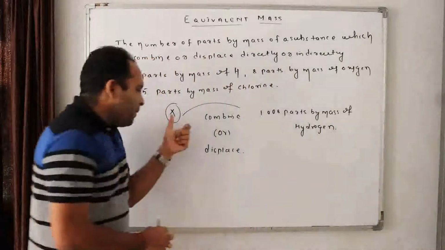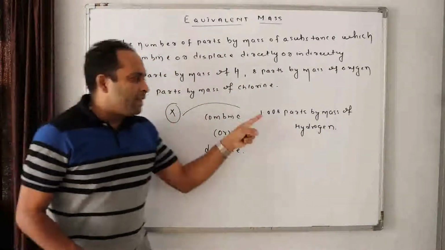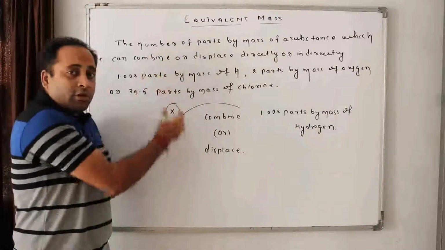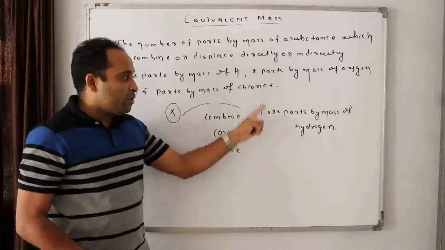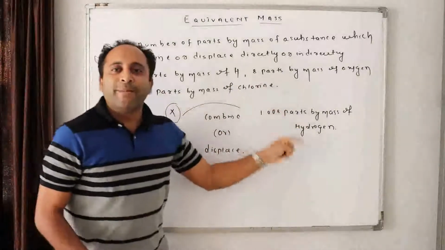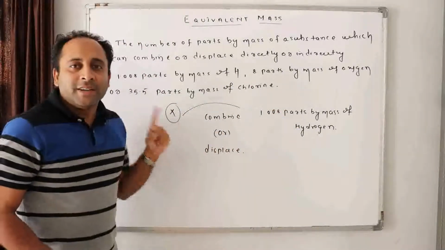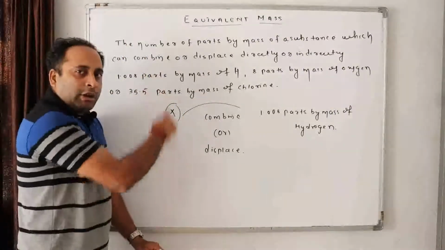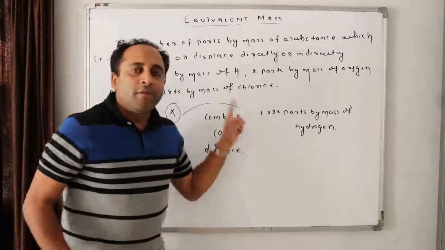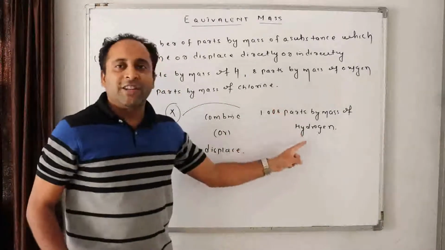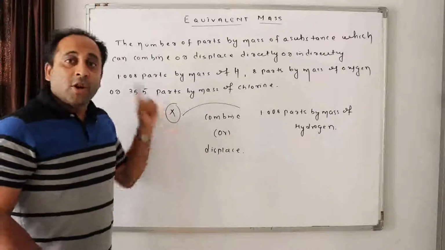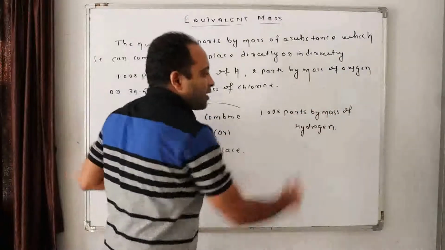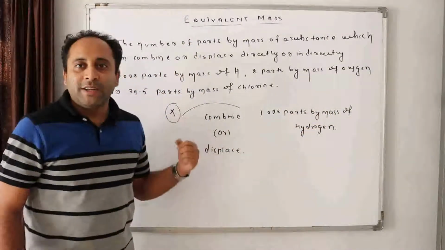It means how many parts of X will combine with this many parts of hydrogen. If X amount of a substance combines with 1.008 parts by mass of hydrogen, that means X is the equivalent mass. Or if X amount of substance displaces 1.008 parts by mass of hydrogen, then that is called equivalent mass.